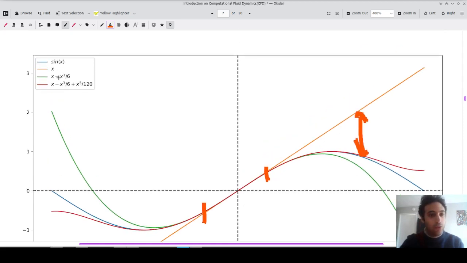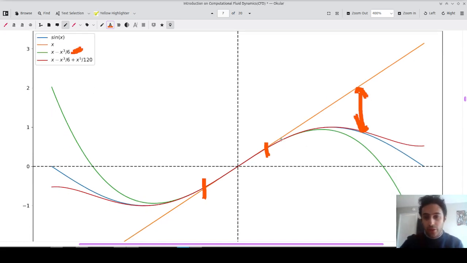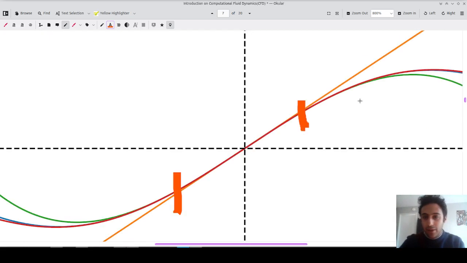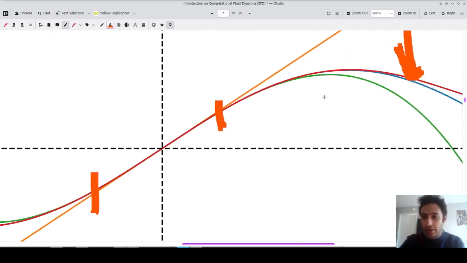So if you go to a more advanced, more expanded series, for example, this is the Taylor series with approximation of degree 3, the green one. You can see the blue line and the green line align in a bigger range.